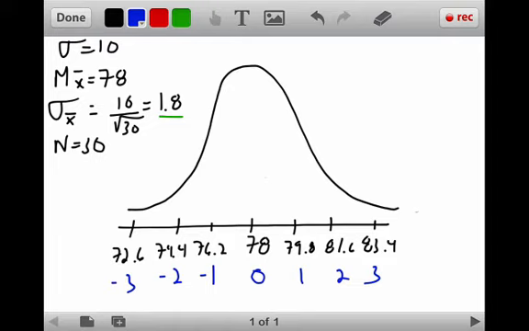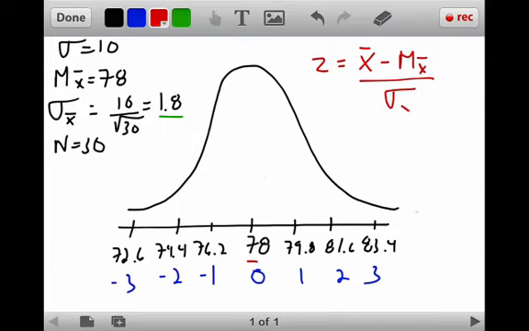Okay, so we do just like we did in the first problem. We actually compute the z-score. So you're taking the value from this distribution. You compare the sample mean of your 30 students minus the mean of this distribution, which is 78, and you divide it by the standard deviation of this distribution, which is the 1.8 that we have here.